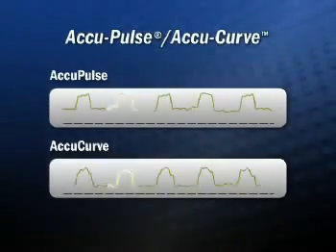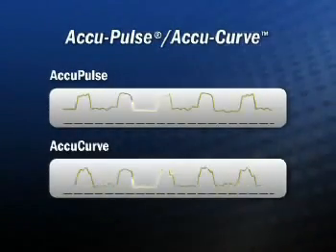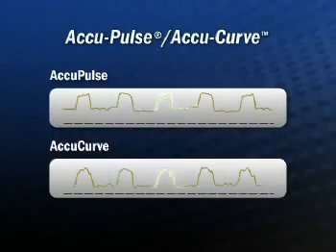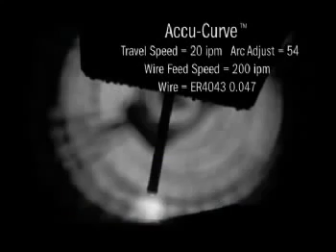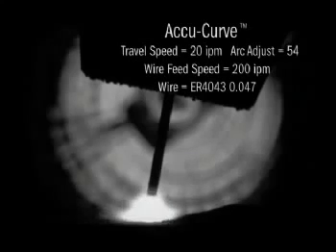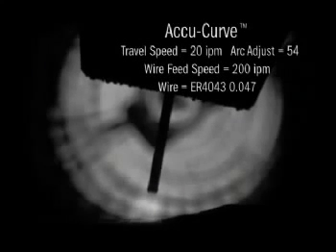In AccuCurve, they are done with curves or transitions of amps per millisecond squared. This curved transition aids in ball detachment and gives the transfer a softer feel without sacrificing the tight arc lengths that allow for better puddle control. The waveform is primarily used on aluminum and stainless steel.